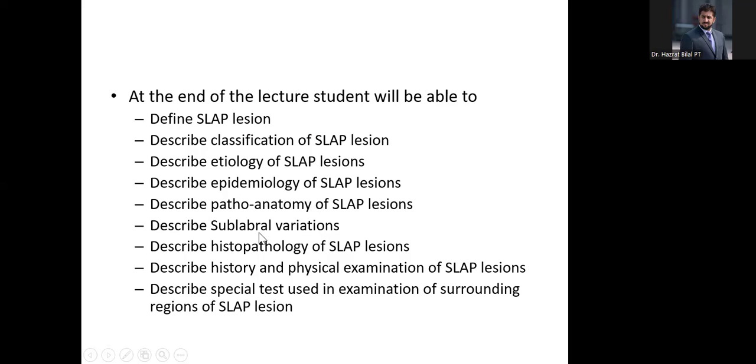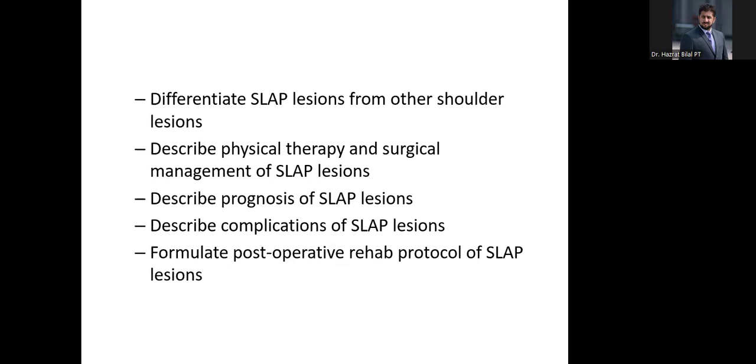We discussed the sublabral variation and then the histopathology. After that, we discussed the history and physical examination, and also discussed in detail the special tests used in examination of the SLAP lesion along with their sensitivity and specificity.